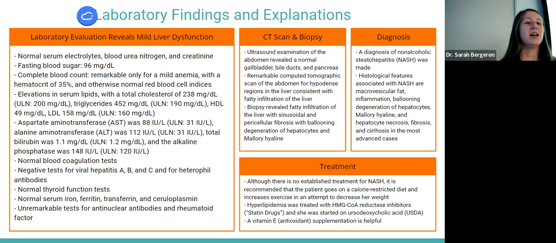Huge difference. Her high density lipoproteins were 49 milligrams per deciliter, and her low density lipoproteins were 158 milligrams per deciliter with a ULN of 160 milligrams per deciliter.